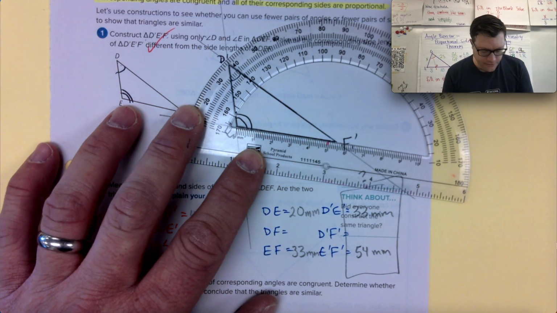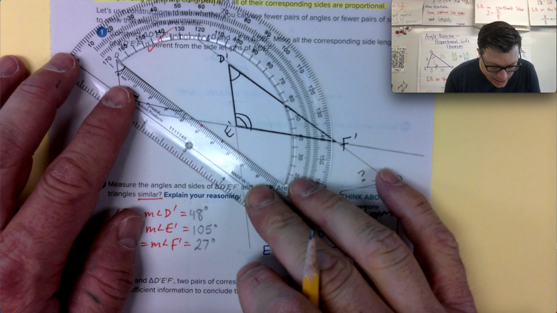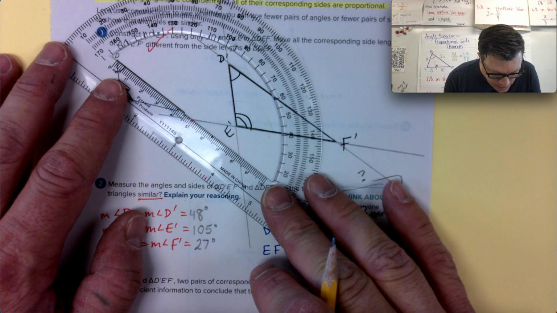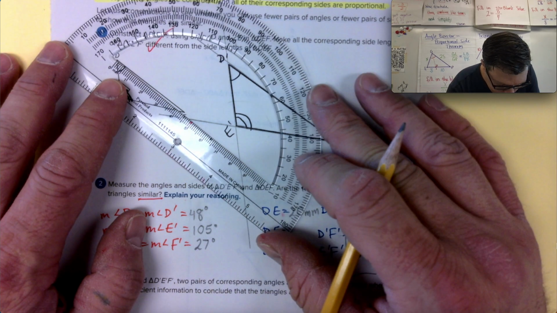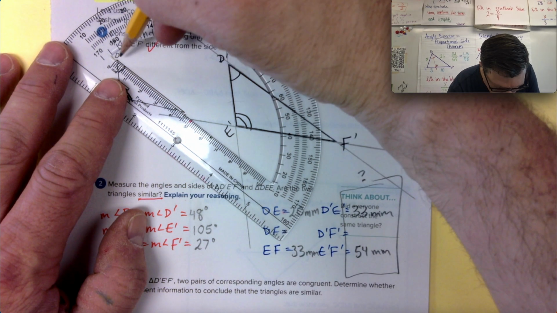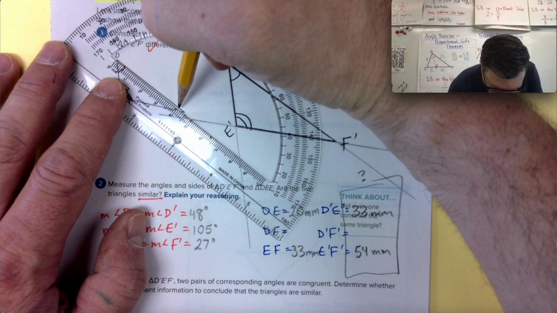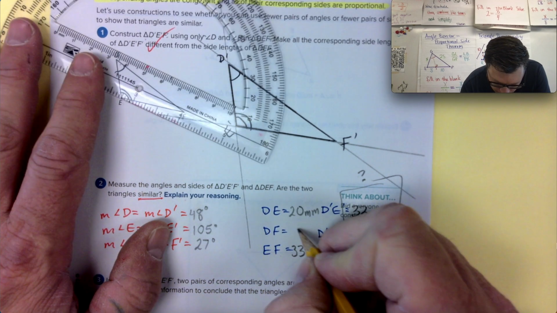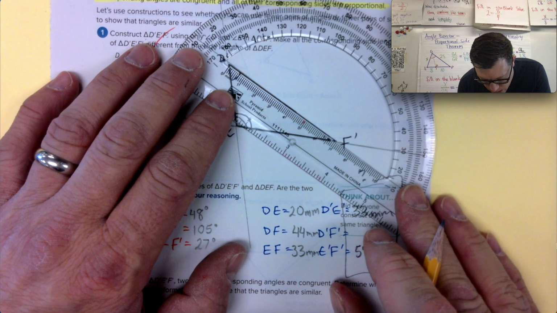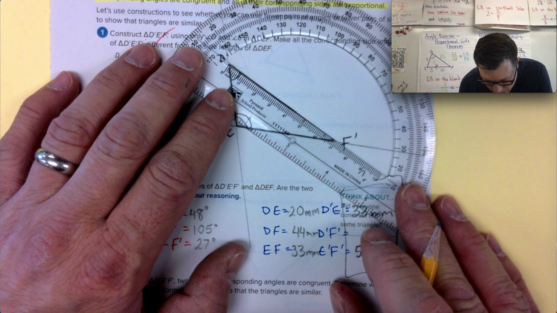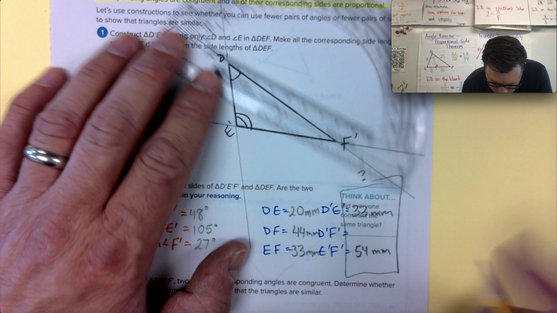Yours might be a little bit different. Last two sides, they match corresponding DE. DF here, sitting there, 10, 20, 30, 40, 41, 44 is the number that I get in millimeters. And then last of all, this winds up being approximately 70 millimeters.